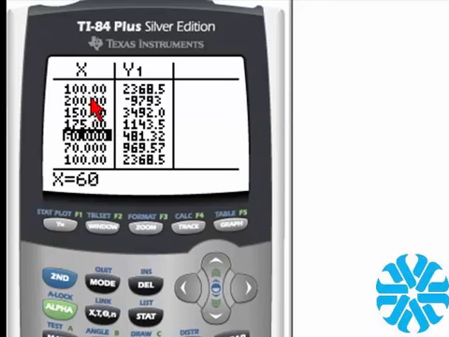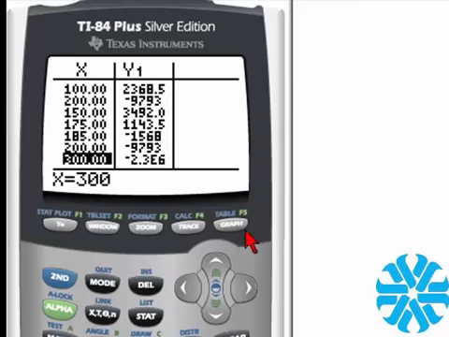Okay, so let's increase it a little bit more. 185, enter. 200, and then enter, and then let's say 300, and enter.